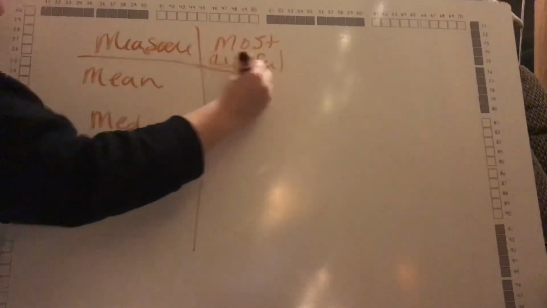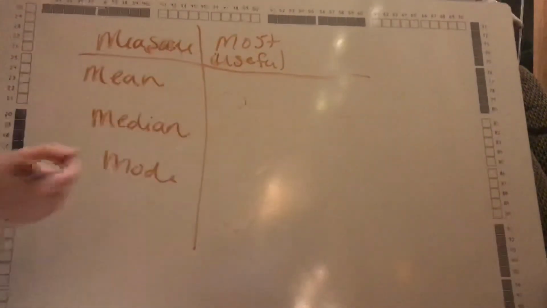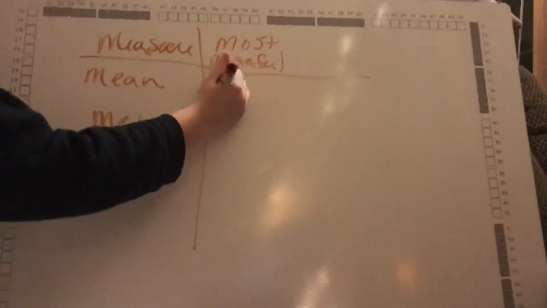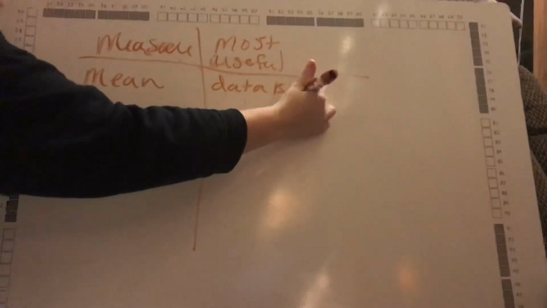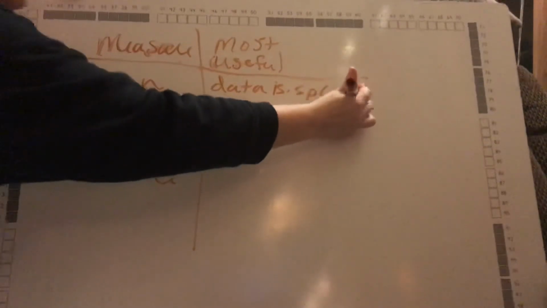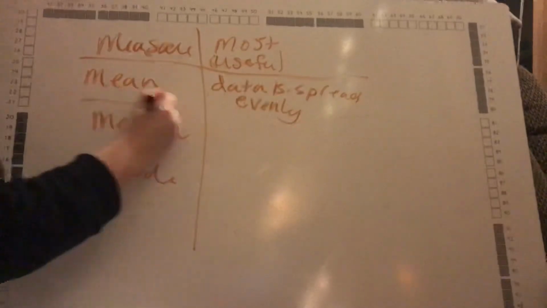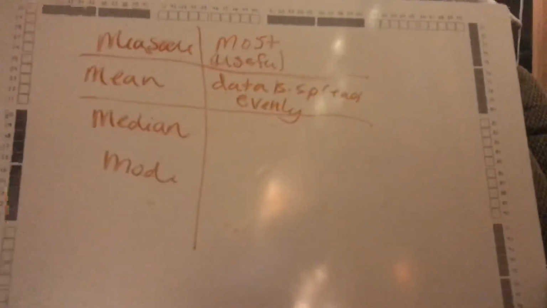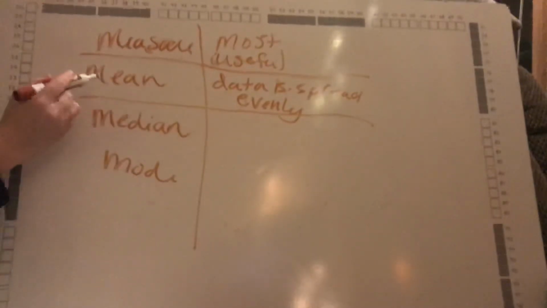Okay. Most useful when the data is spread evenly. So if your data is spread evenly, the most useful would be the mean.